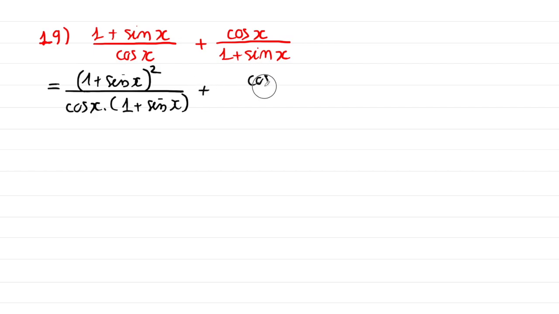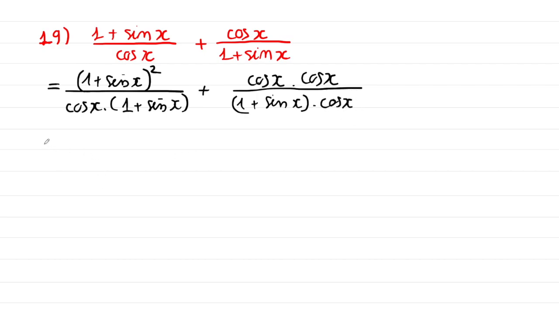And how about this one? This term I will multiply both numerator and denominator with cos x, and that's why I got here 1 plus sine x and cos x.